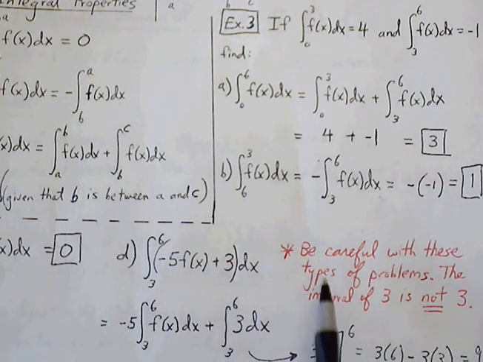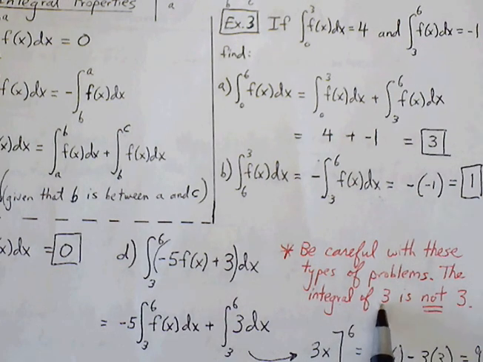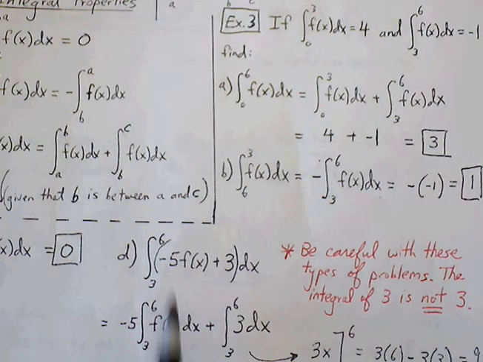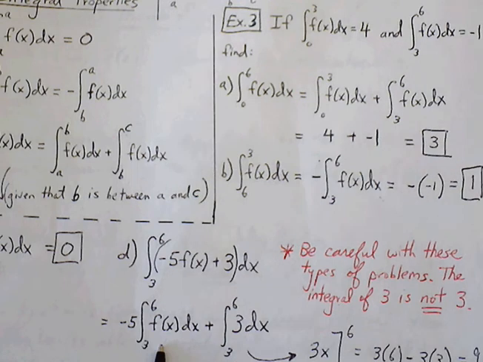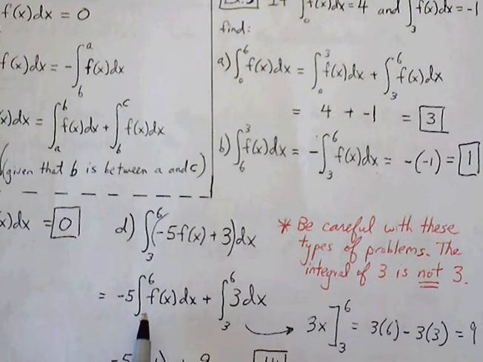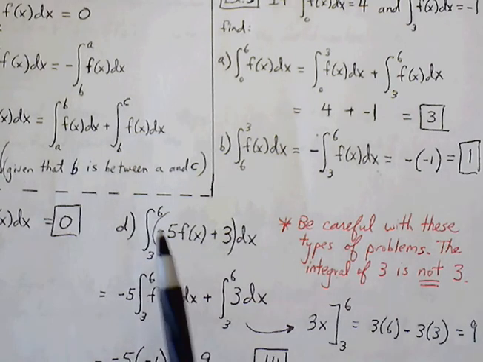So it is the integral of 3, and it's not just 3. We have to make sure we apply the appropriate integral rule for this 3. We can split this up into essentially two problems. I can treat this like two separate problems.